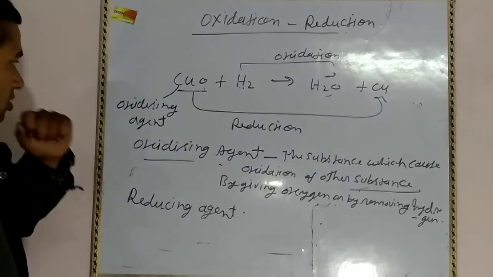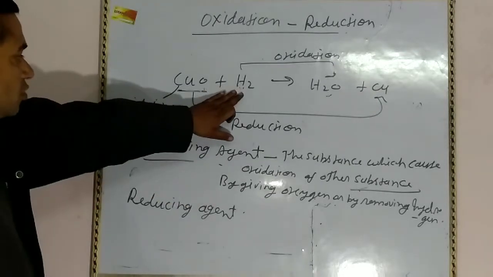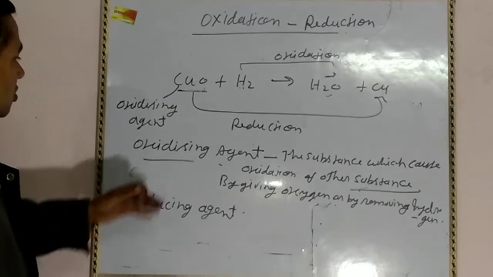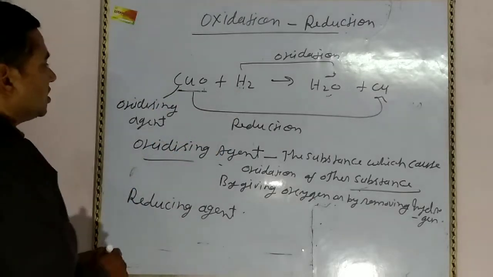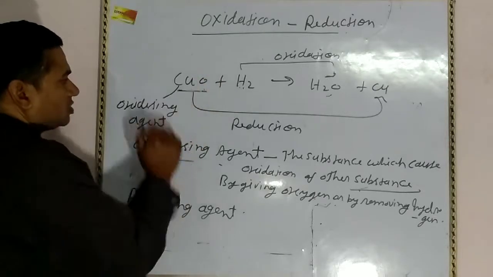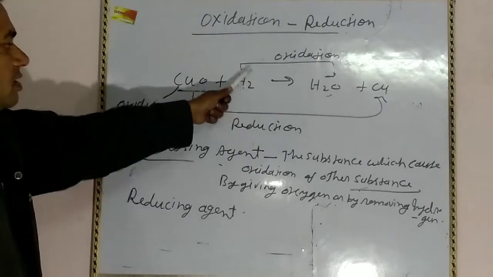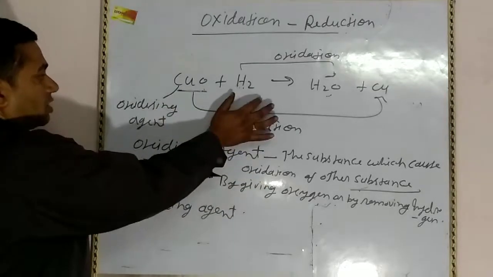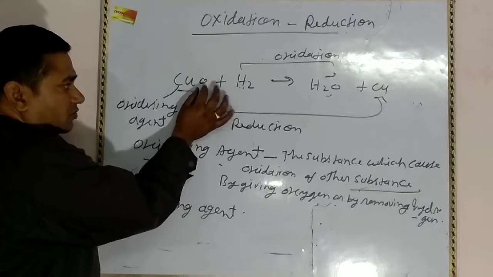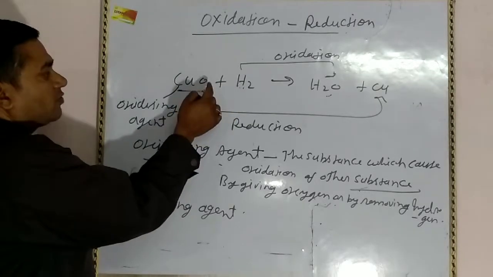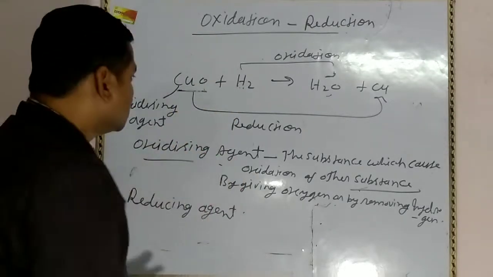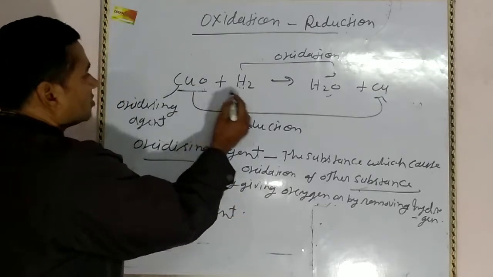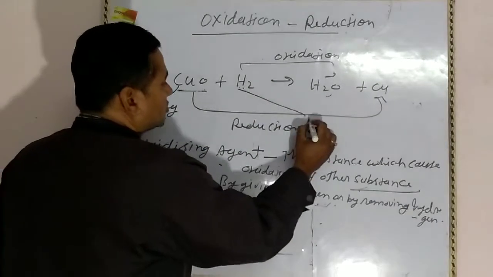And here you are seeing oxygen has been removed by hydrogen from copper oxide. Definitely hydrogen has removed oxygen from copper oxide. So removal of oxygen is reduction. So it caused reduction. So this is reducing agent.